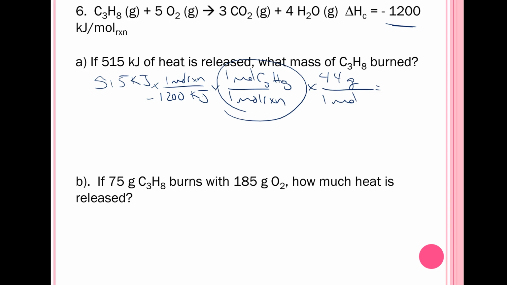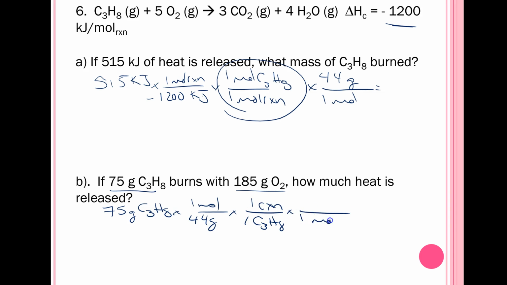Okay, let's do this one. I have 75 grams of propane, 185 grams of oxygen. This is a limiting reactant problem, so everything that's true for stoichiometry is true here. So C3H8, 44 grams, 1 C3H8, 1 mole of reaction, negative 1200 kilojoules.